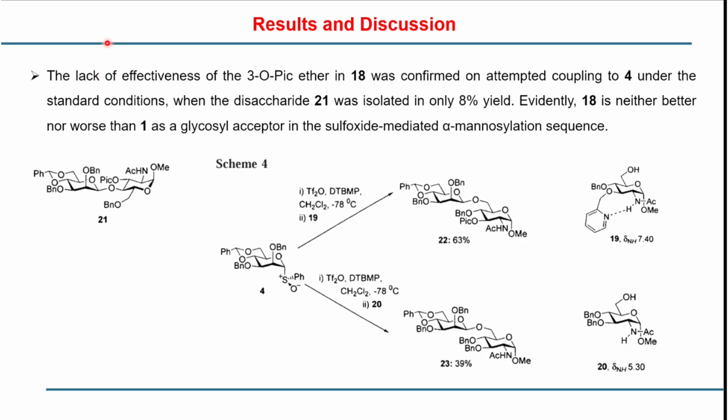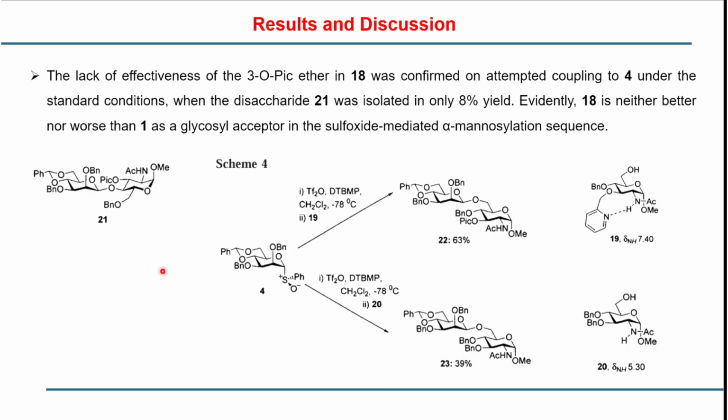In the case of 19, they took the pre-activated sulfoxide donor with 18, and they got the disaccharide 21 in just 8% yield. In the reaction mixture, 18 is neither better nor worse than 1, the acetamide one. That means it is more driven by the intermolecular hydrogen bonding acceptor. So this acceptor 18 was also not good.